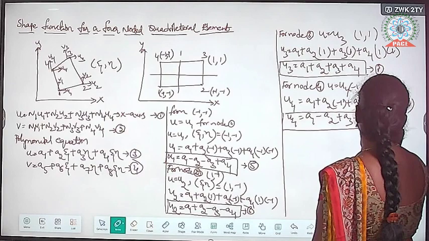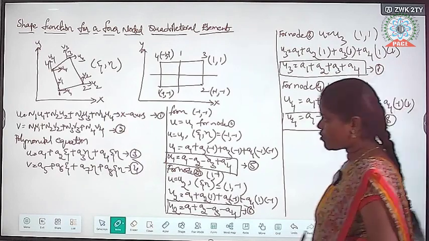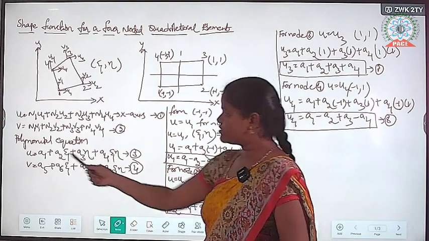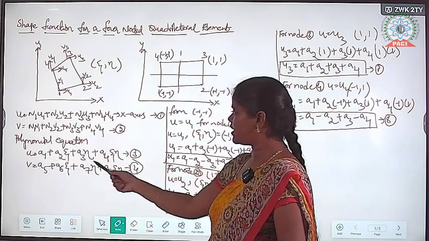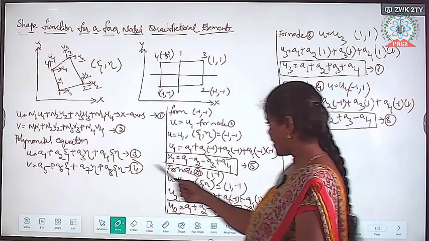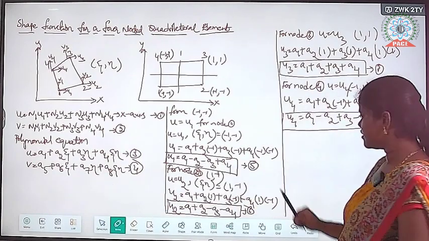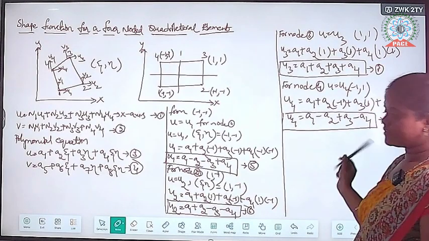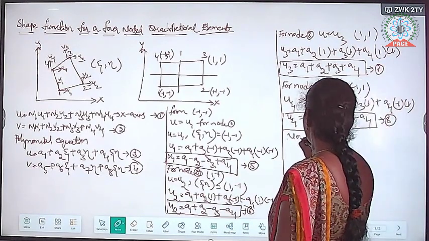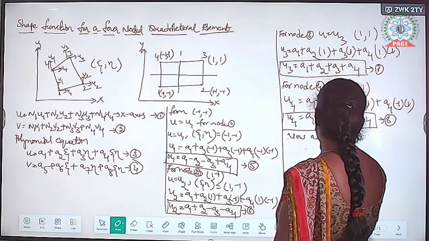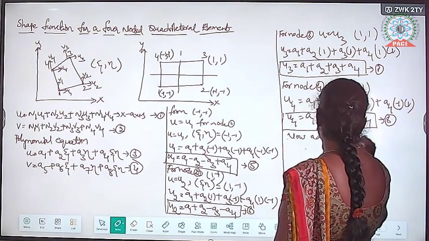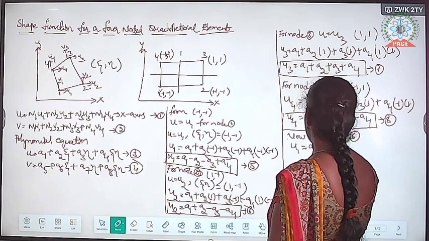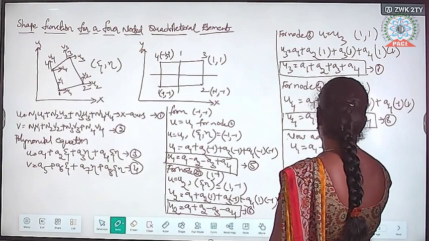Now we get the polynomial coefficient equation a1 plus a2 plus a3 plus a4. So we have to find out these a1, a2, a3, a4 coefficients. For finding them, we have to add 5 and 6, and again add 7 and 8. Now add 5 and 6. Fifth equation, u1 is equal to a1 minus a2 minus a3 plus a4.